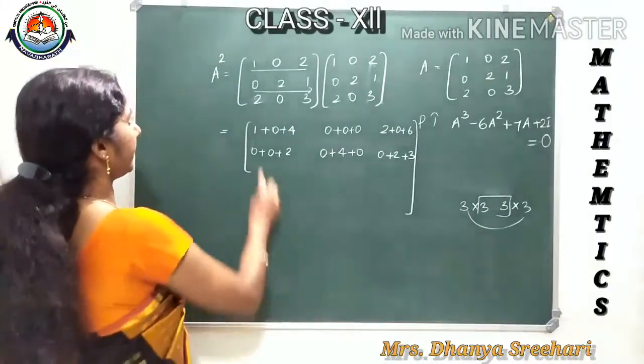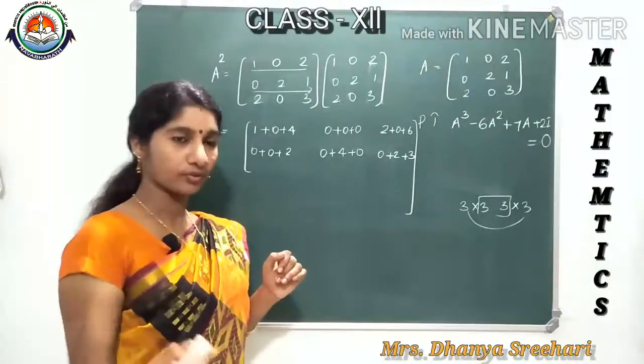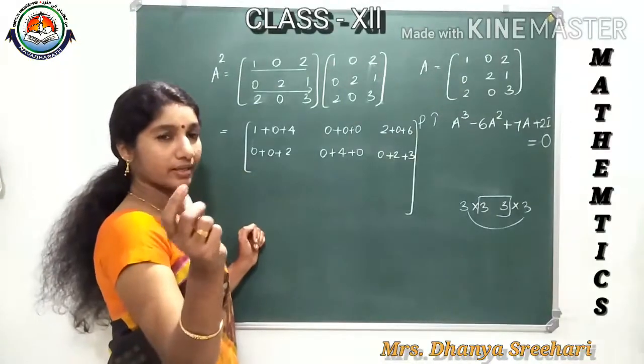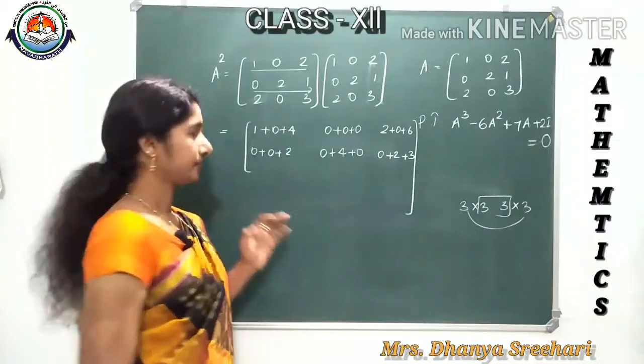You don't simply watch this, you have to do it, without looking. Any confusion you are getting, that time only you need to look at the board. Otherwise you just do the multiplication with me.